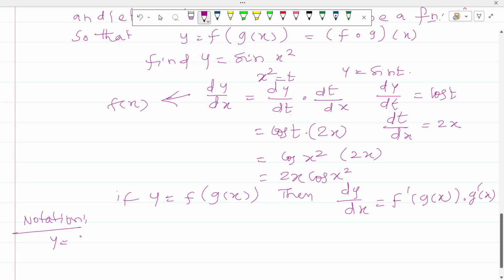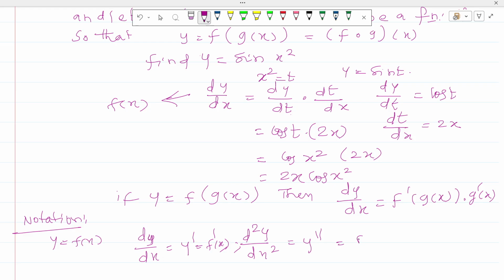Notation: if y equal to f of x is there, dy by dx can be written as y dash, and also f dash of x. d square y by dx square is y double dash, that is f double dash of x.